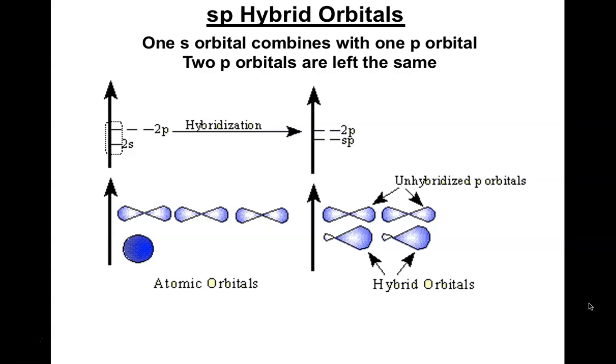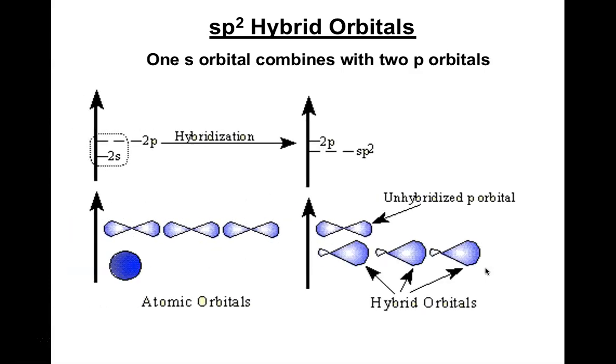We're going to take one of the p orbitals above it, and we're going to get 2 hybrid orbitals right here. 1s plus 1p equals 2 hybrid orbitals, and then 2 of the p orbitals not hybridized. Questions on this?